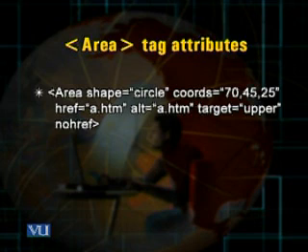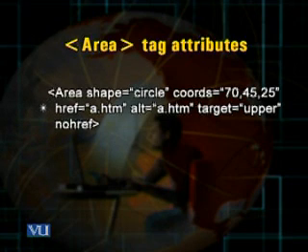Remember, for a circle, we need to give 3 coordinates to define a circular region. That is the x coordinate, the y coordinate, and then the radius of the circle. So here you see these 3 values of the circular region are specified in the value of the coords attribute.